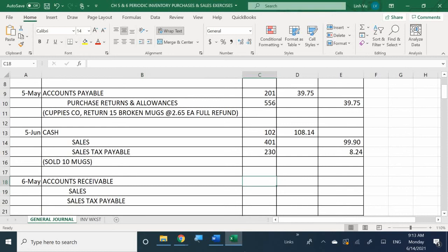What account number is accounts receivable? 103. 103, and then we can just take the numbers from above. Okay, so let's start calculating.